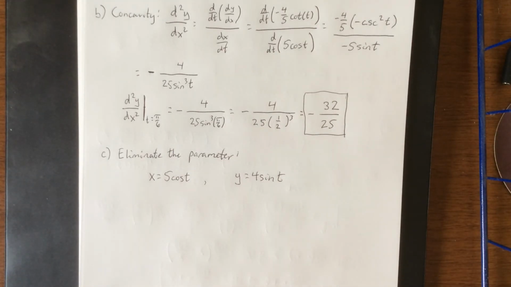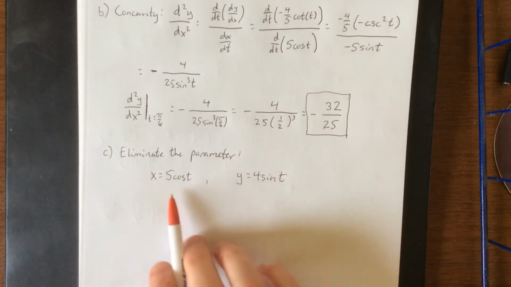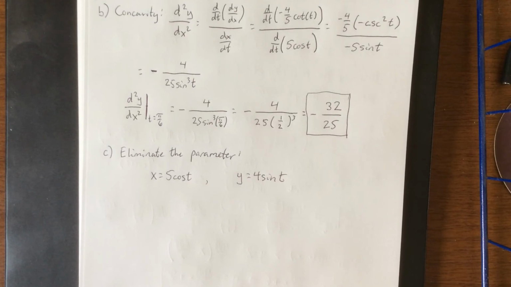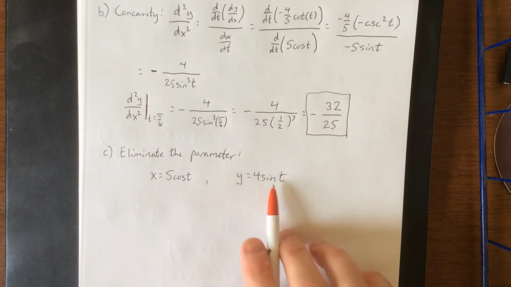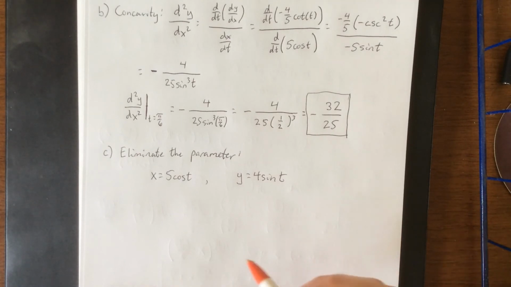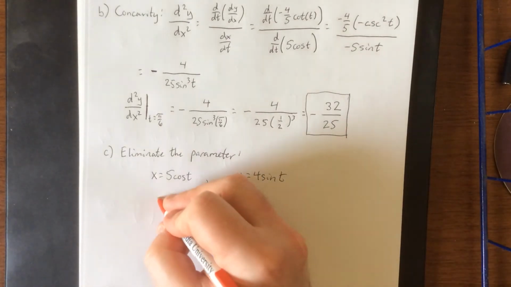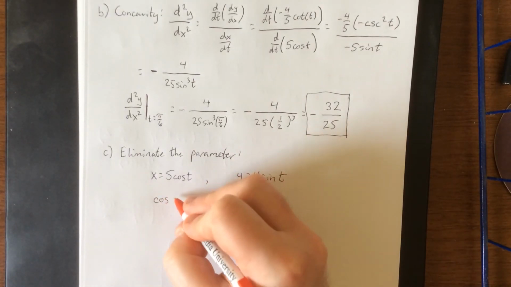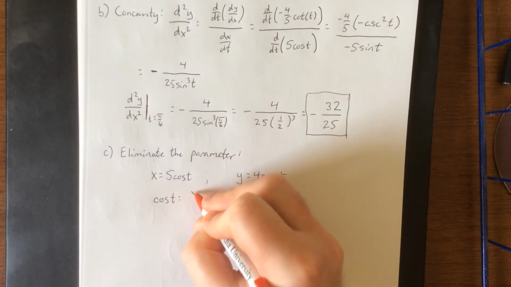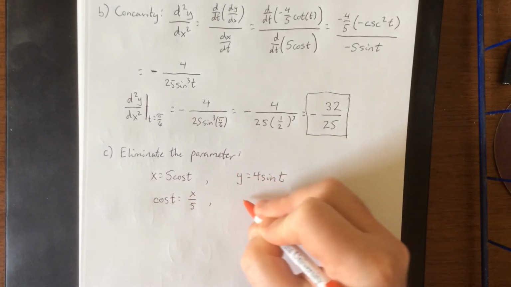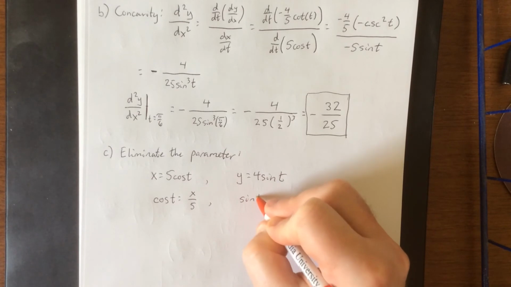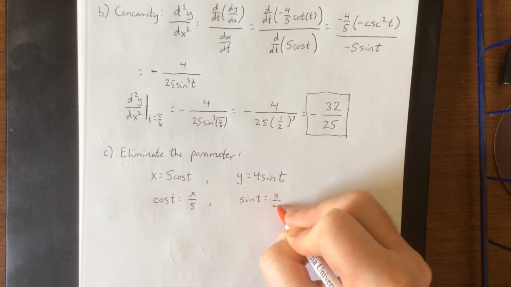Now what we're going to go with to relate the sine with the cosine, as I mentioned in one of the earlier playlists when it comes to conic sections, try to isolate the sine and the cosine, and then apply a Pythagorean identity. So this would be that the cosine of t is equal to x over 5, and that the sine of t is equal to y over 4.